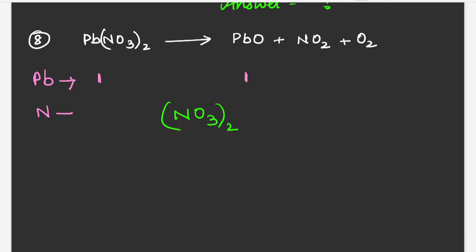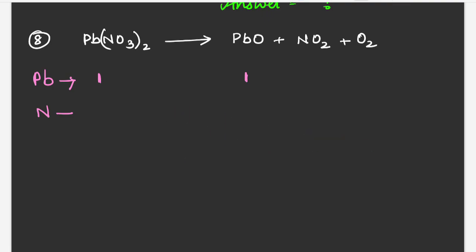You will be writing N into 2 is 2 nitrogen. Whereas for oxygen you have to multiply, because 3 belongs to oxygen. So 3 2s are 6. So for oxygen you will be writing 3 into 2 is equal to 6. So there are 6 oxygen atoms. This is how you multiply. So 2 belongs to both the atoms, whereas this 3 belongs only to oxygen. Is that clear?